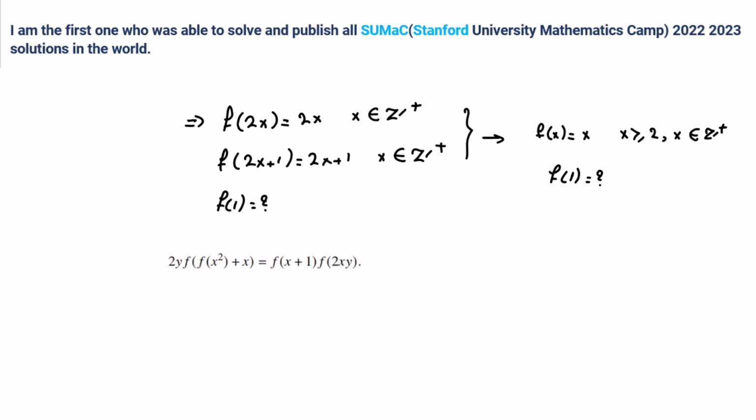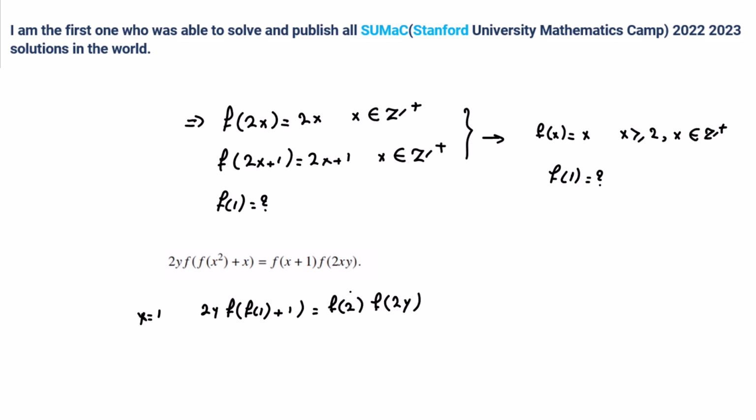Can I see if this works? I don't know if this is correct, but if I say y equals 1 and x, no, sorry. So x equals 1 and y is just y. So it's 2y times f(f(1) plus 1) equals f(2) times f(2y).